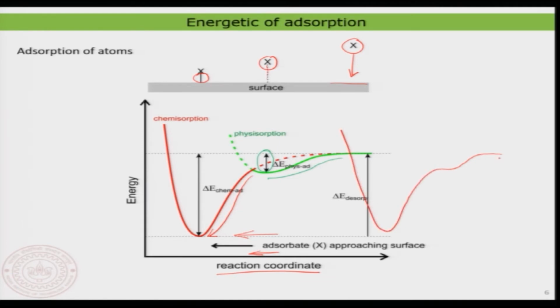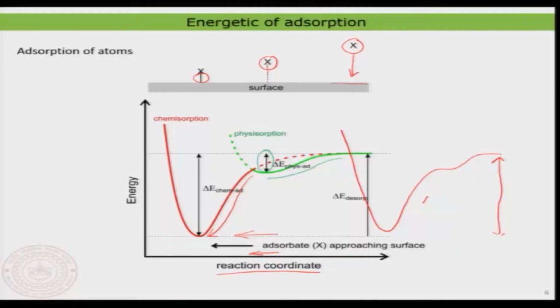The magnitude of this energy is the total gain in energy, which you call the adsorption energy. But that is the same amount of energy that you also require to remove the atom from the surface. Therefore, you can also call it the energy for desorption. So, let us call this one the energy of adsorption, which is also equal to the energy of desorption.